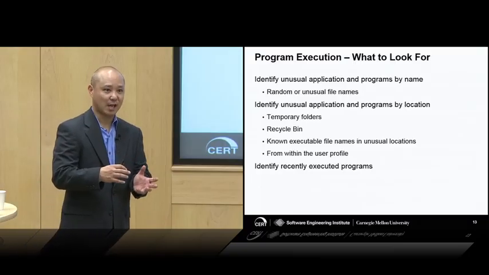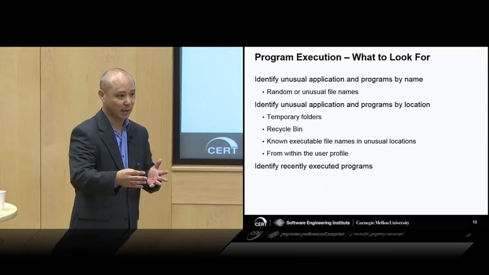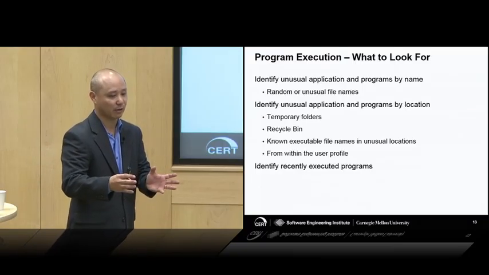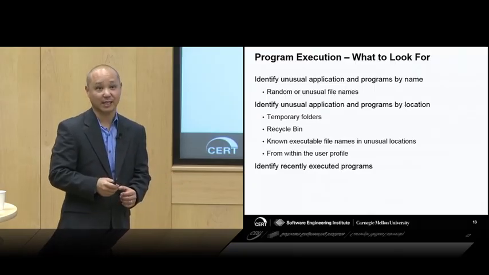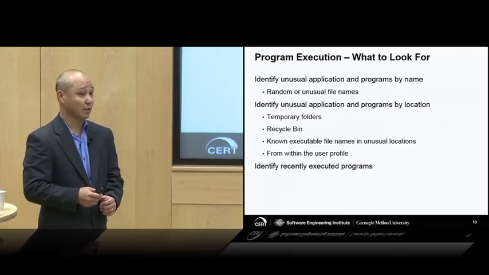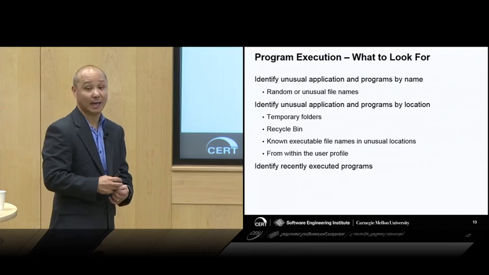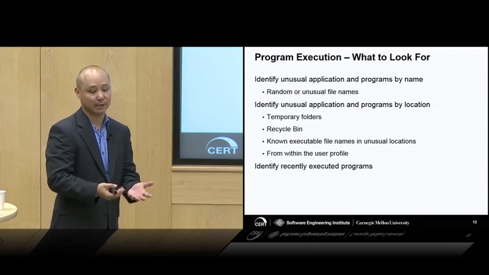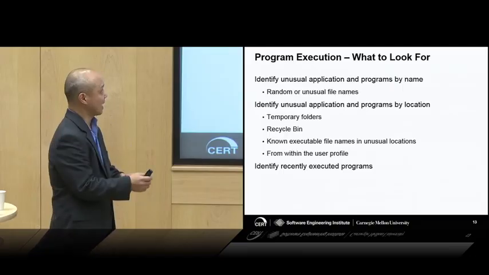So they just randomly generate some characters, slap them in there, however many characters long, and then it becomes .exe or .dll or whatever it is. So sometimes that's a big sign that something's running called blah.exe. Maybe you should check it out.